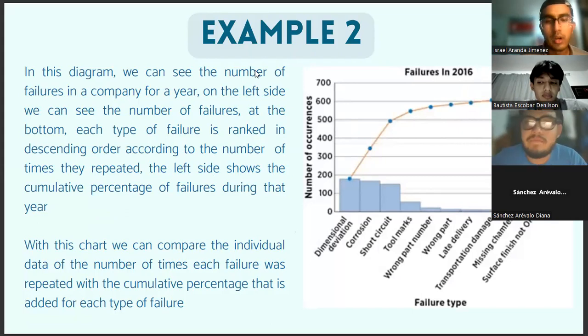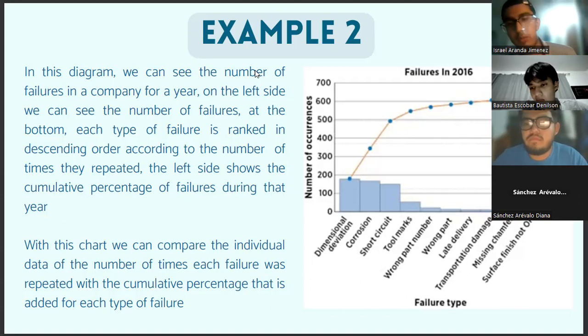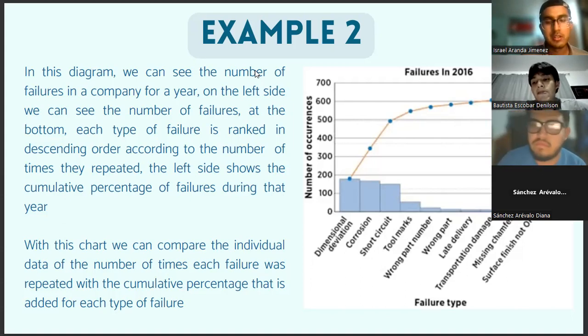So once we know how to create a Pareto diagram, we can analyze one. In this diagram, we can see the failures in a company in 2016. The failures are dimensional deviation, corrosion, short circuit, tool marks, wrong part number, late delivery, etc. On the left axis, we can see the number of occurrences, which goes from 0 to 700.